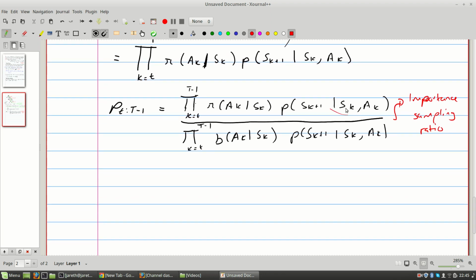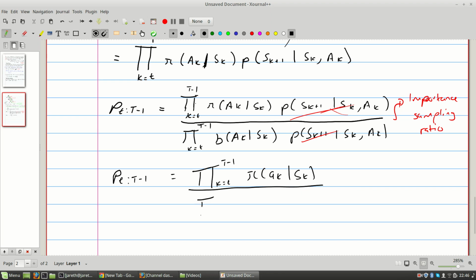Of course, we can cancel these two terms out, and we are left with rho from t until t minus 1 being equal to the product from k equals t up to t minus 1 of pi of ak given sk, divided by the product from k equals t up to t minus 1 of b of ak given sk.